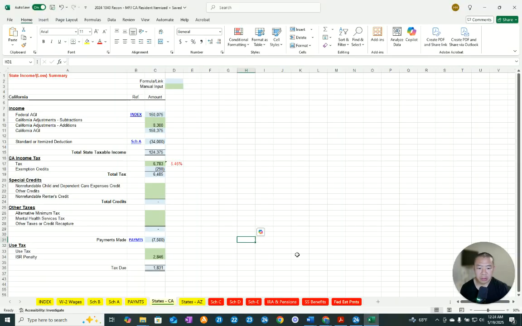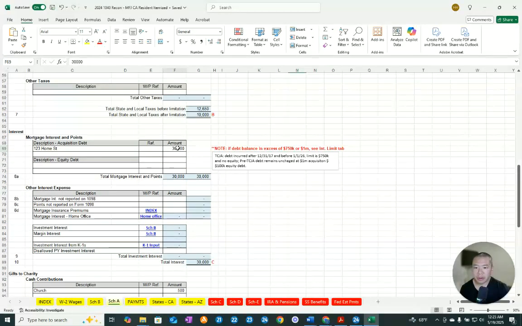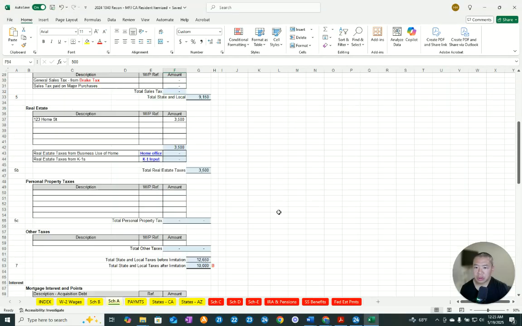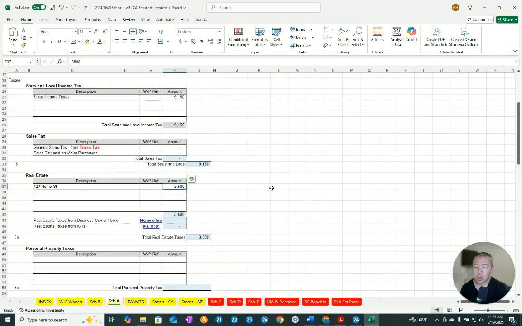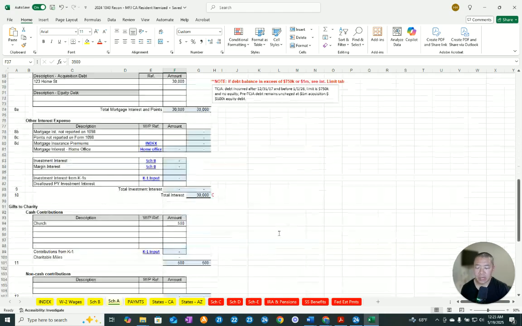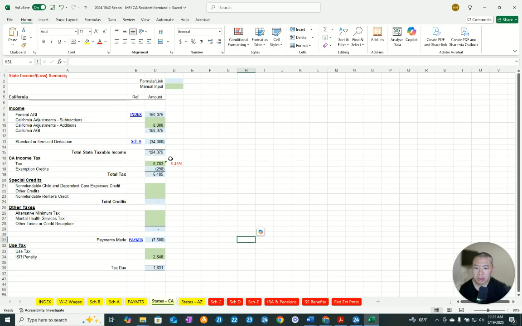So this amount is just going to be the $30,000 of mortgage interest, $500 of church donations, plus the $3,500 in real estate taxes. So that's $34,000. California does not allow you to take the state income taxes as a deduction, which makes sense. So that's California.